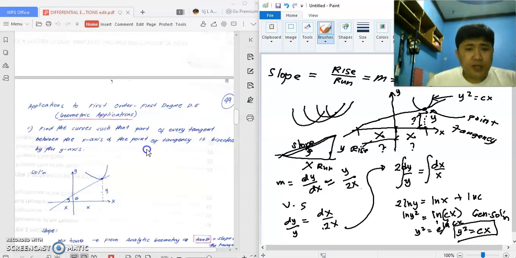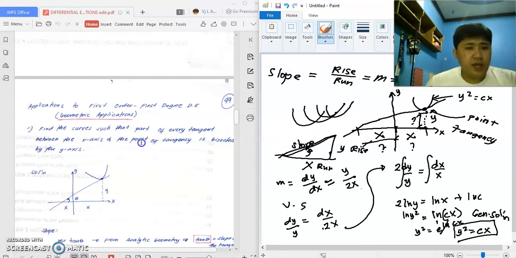And the point of tangency means the tangent line intersects the curve. So that is the point of tangency. So that's why you need to recall your other topics from your other subjects.